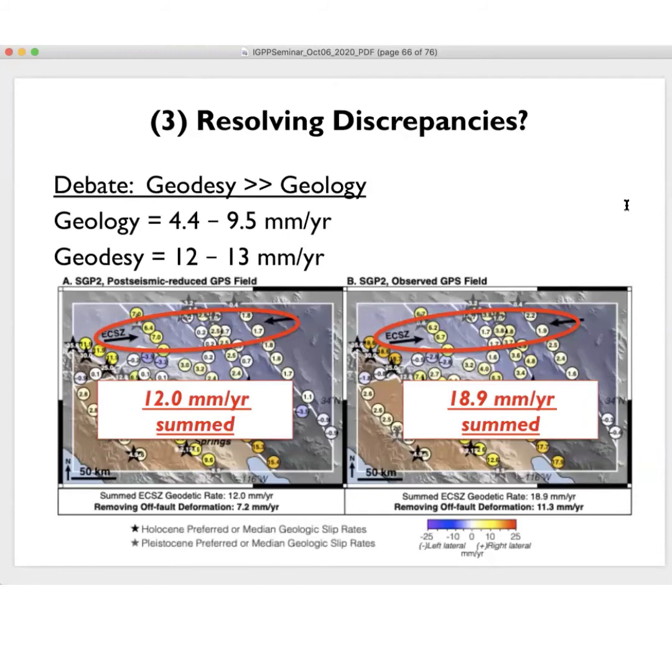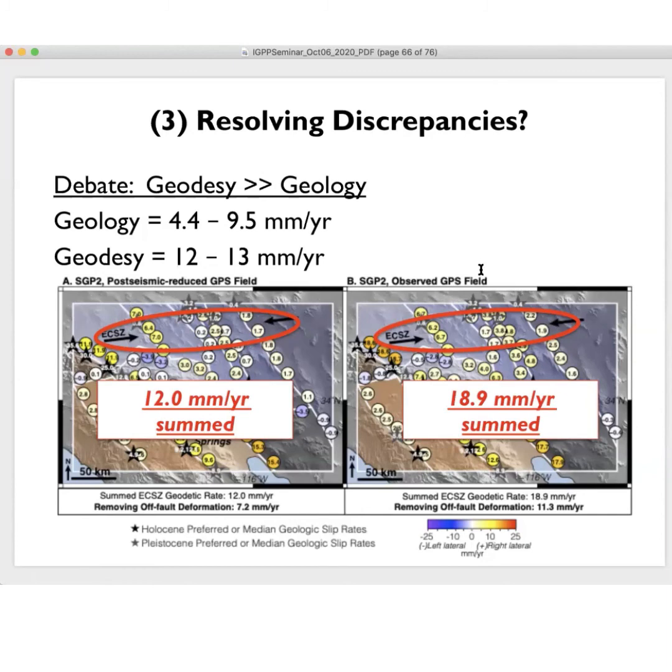So that brings me to looking at what our modeling says about this discrepancy between geologic and geodetic slip rates. So here are the numbers. The geologic rates give a range of about 4.4 to 9.5 millimeters per year. The geodetic rates are generally 12 to 13, though it depends on the model that you look at in the literature. When it comes to our modeling, our post-seismic reduced, corrected field produces a summed slip rate of 12 millimeters per year.